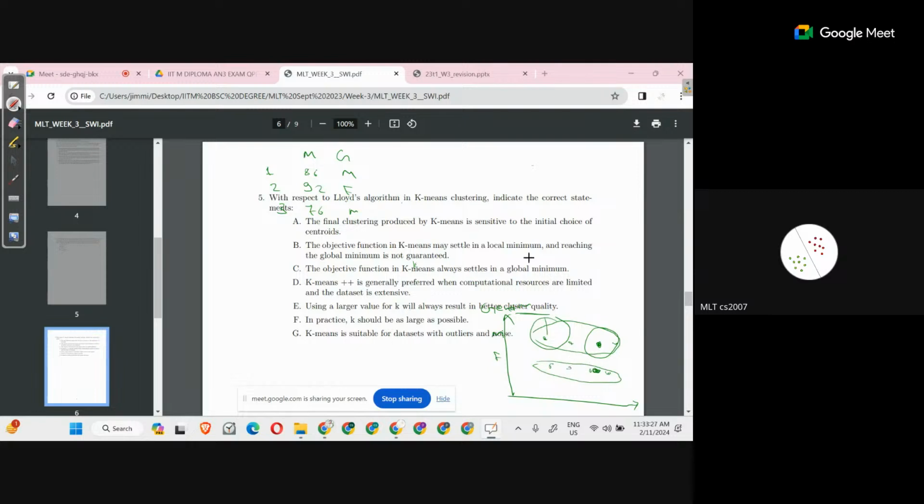It is the practice question, assignment question 4. The best cluster quality will be this one, with this one in one part and this one in another part. In other words, the best number of clusters would be 2.